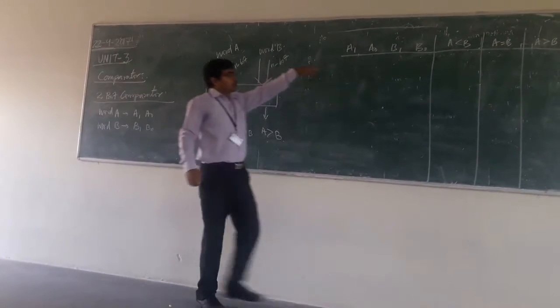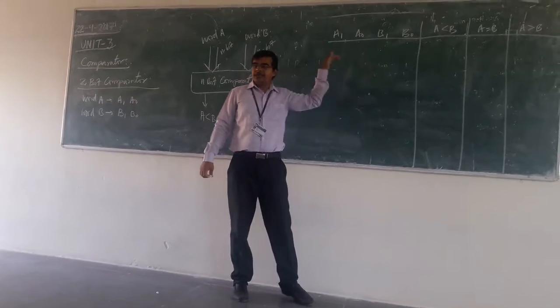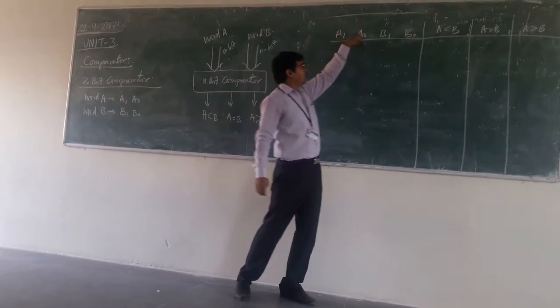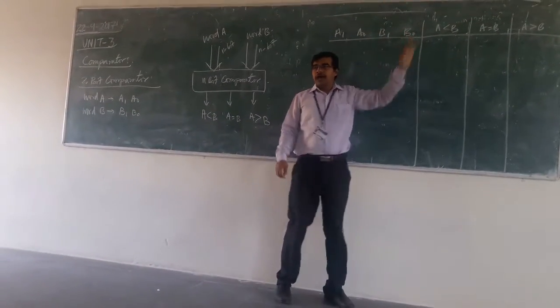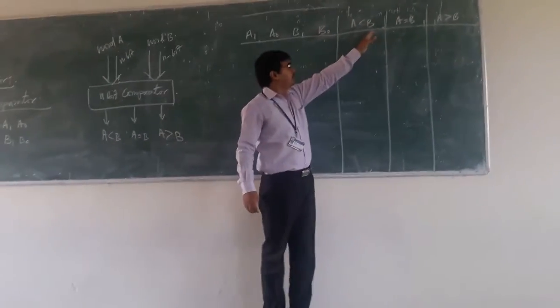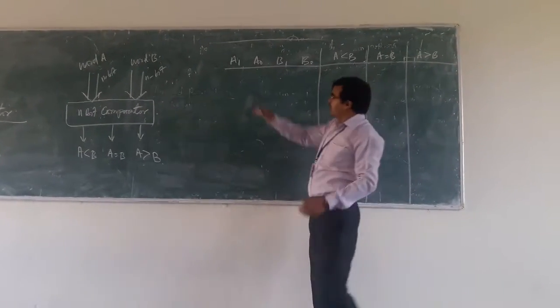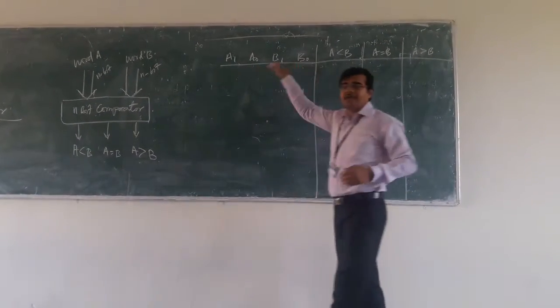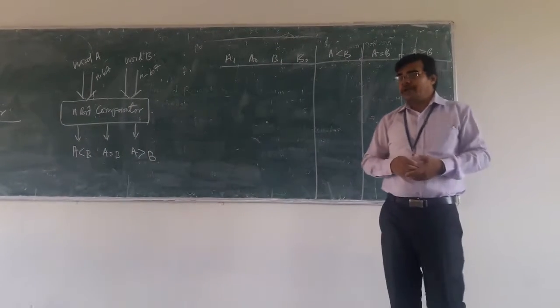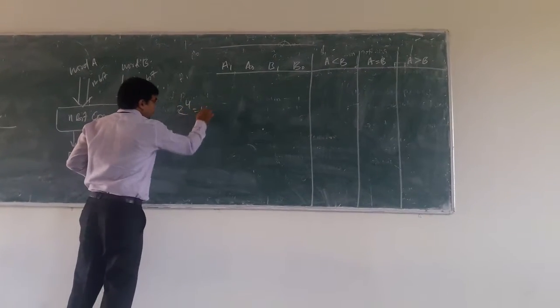In this truth table you have A1, A0, B1, B0, and at the output you have A is less than B, A is equal to B, and A is greater than B. As you have 4 bits, how many different combinations are possible? 2 to the power 4, that is 16.